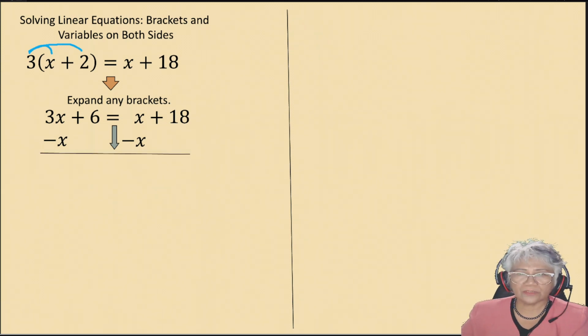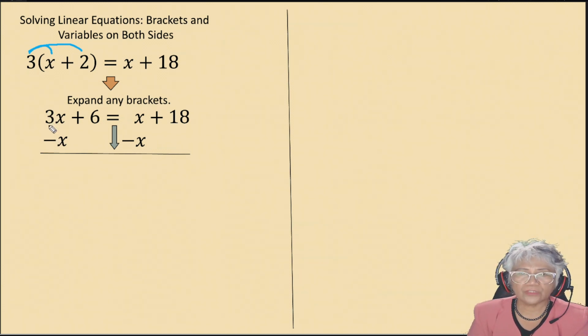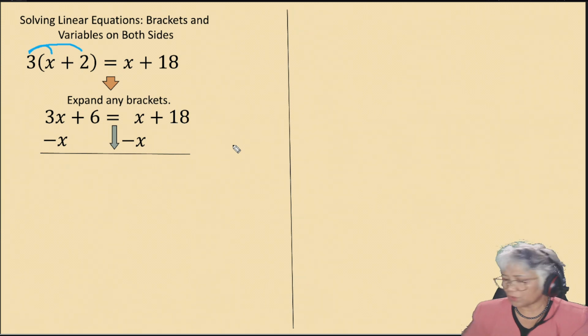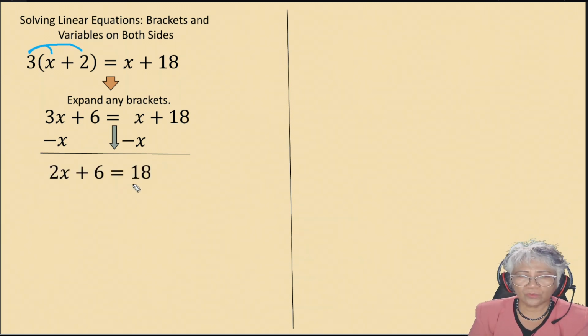So what's the resulting? So 3x minus 1x, because they're opposite signs, we need to subtract them. 3 take 1 is 2x, and then this will remain, and then that one will be 0, and then 18. So the resulting equation would be that.